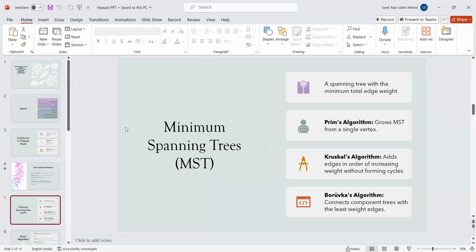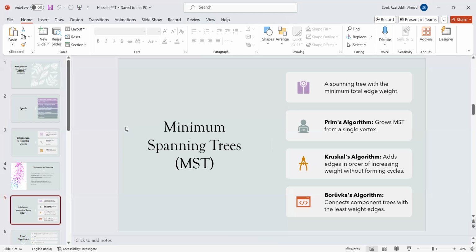It is a greedy algorithm that starts from an arbitrary vertex and grows the MST one edge at a time. And there are steps for it: initialization, grow the tree, termination, properties, and examples.